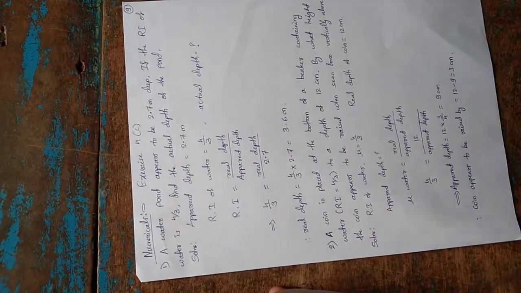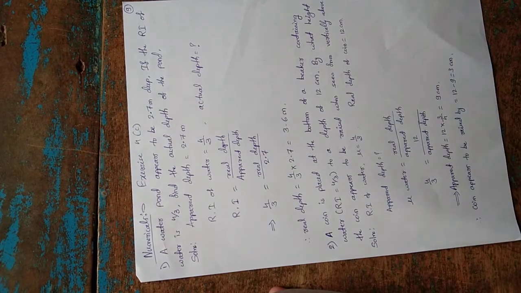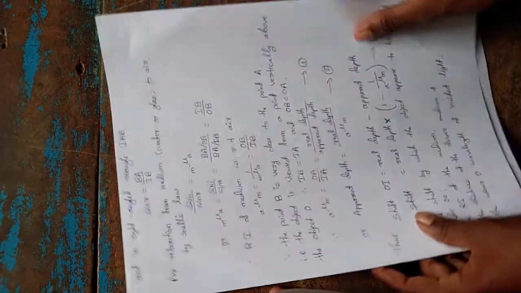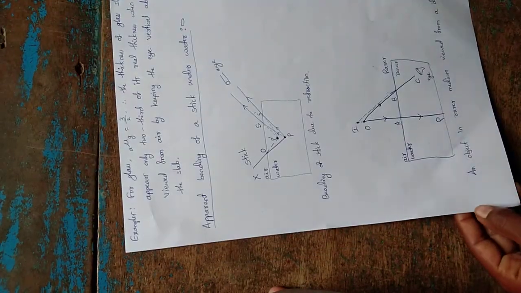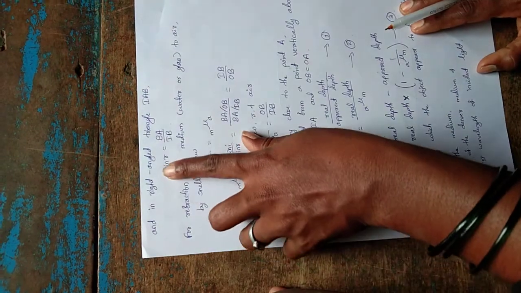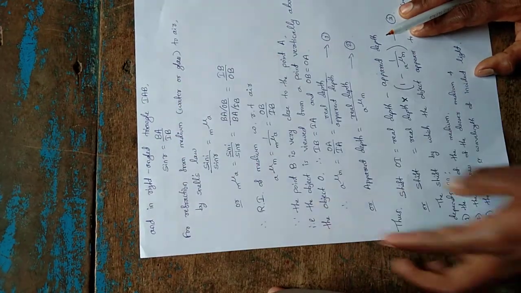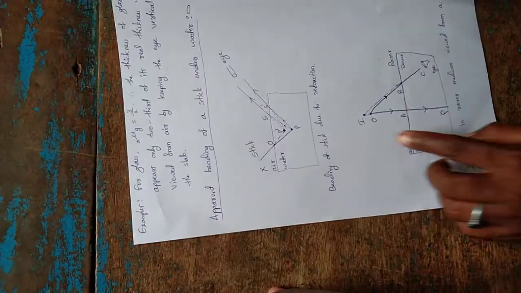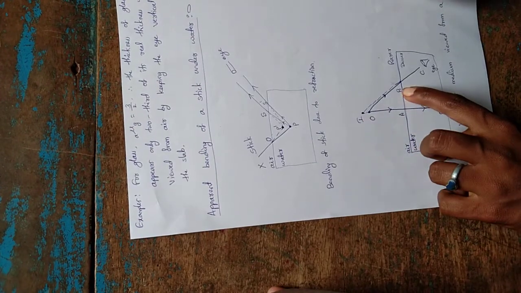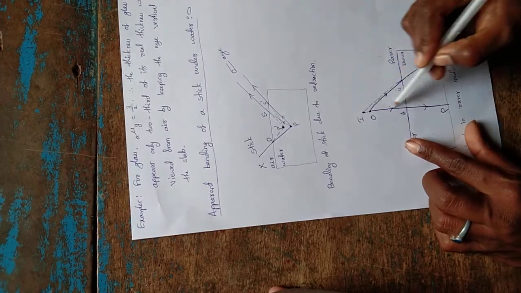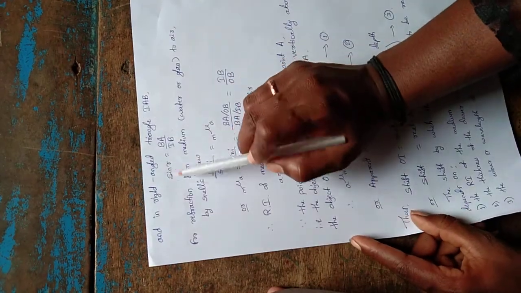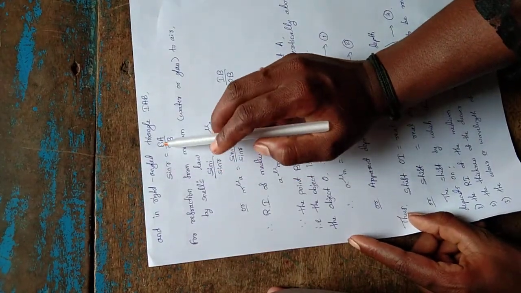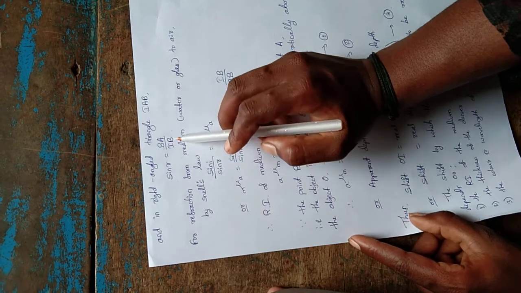Next, numericals. And in right angle triangle IAB, sin R is equal to BA by IB.